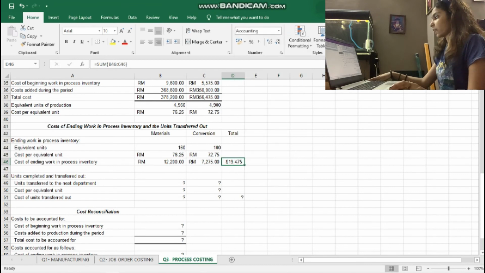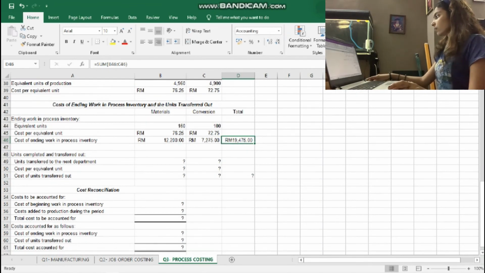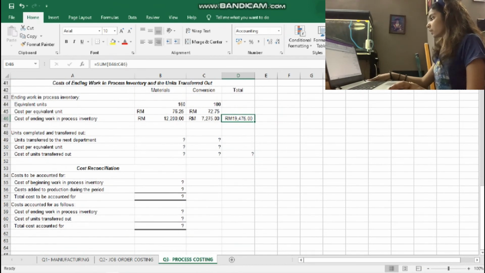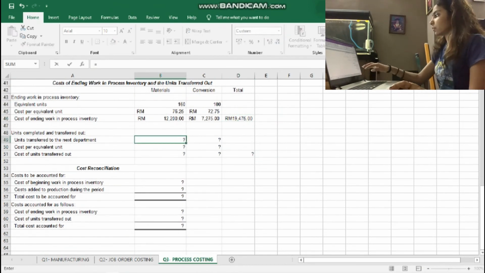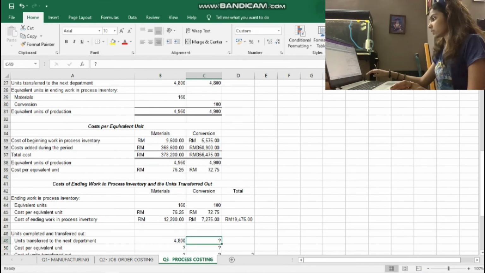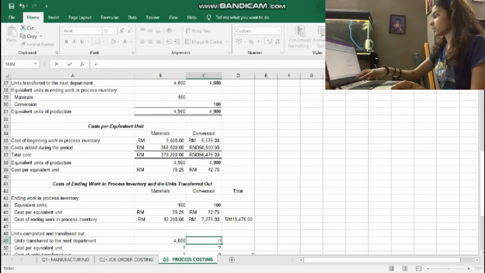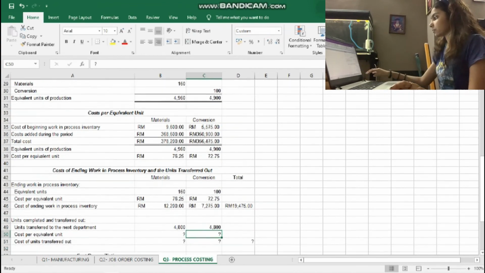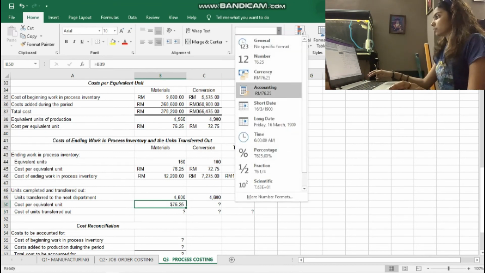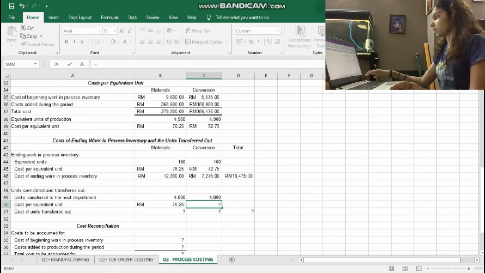19,475 ringgit. Okay, next is units completed and transferred out. Units transferred to the next department, we can take the amount from here, 4,800. Same goes to conversion, 4,800. And then for cost per equivalent unit, we can take from here 76 ringgit 25 cents. And for conversion is 72 ringgit 75 cents.